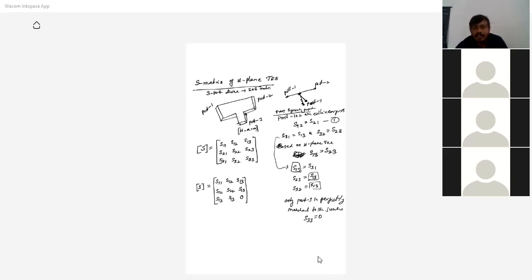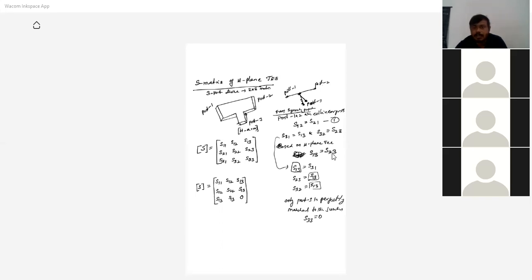In the H plane T, if you apply some power at port 3, it is equally divided and appears at port 1 and port 2, both in phase only. Then you can write S13 is equal to S23.